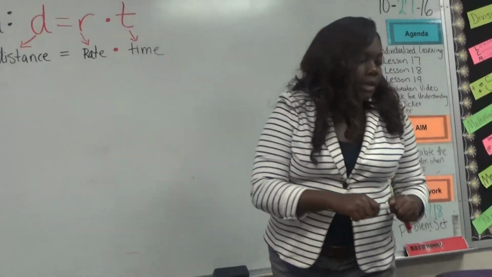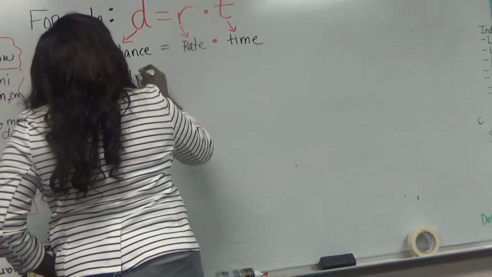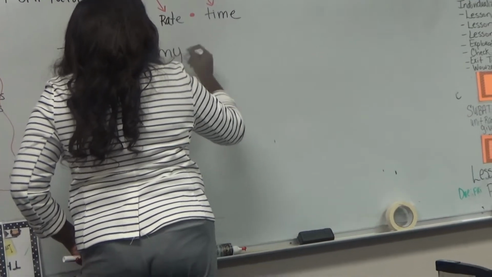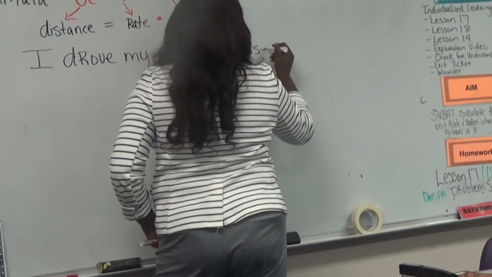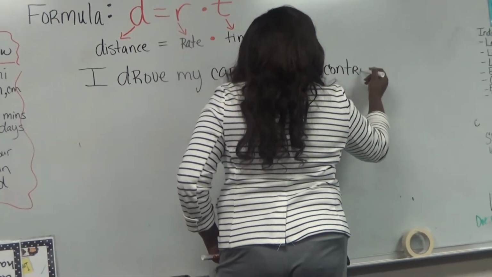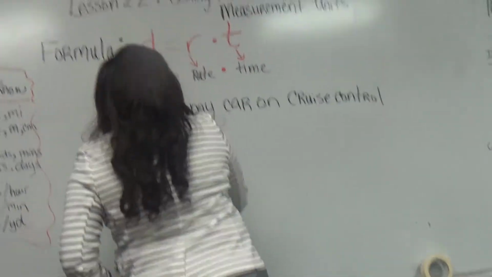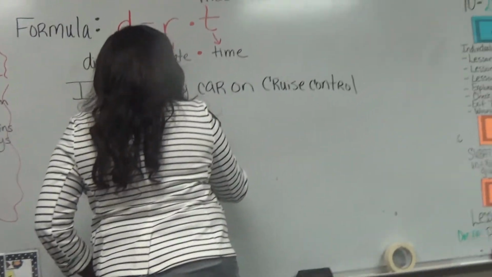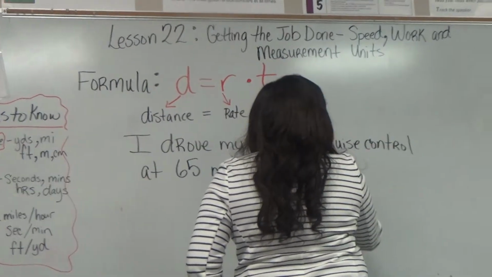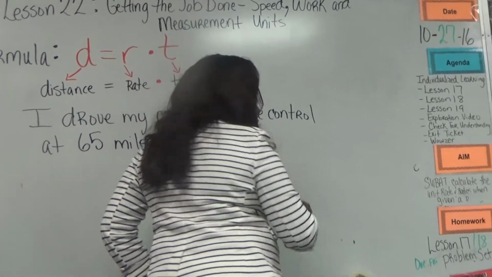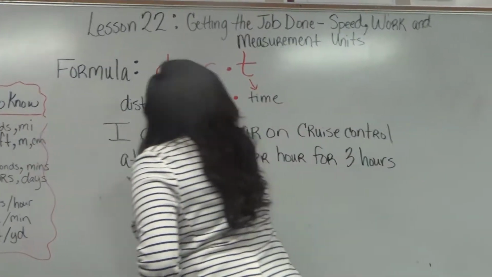Alright, so here we go. It says, I drove my car on cruise control at 65 miles per hour for 3 hours without stopping.